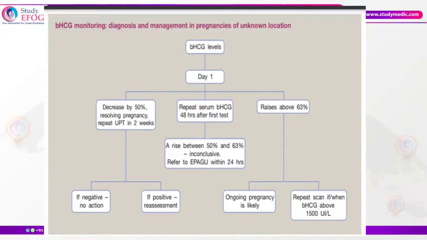And if it rises above 63%, it means it is a likely ongoing pregnancy, and we have to repeat the scan when beta HCG is above 1500 international units per liter. That will tell us whether it is an ectopic pregnancy or a live intrauterine pregnancy.